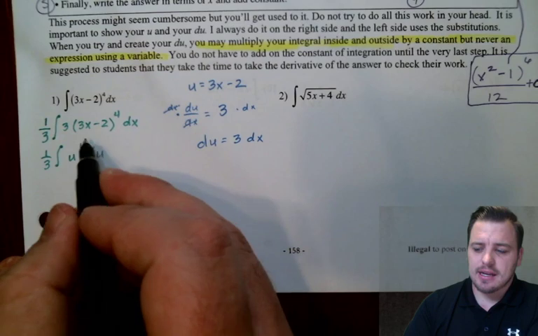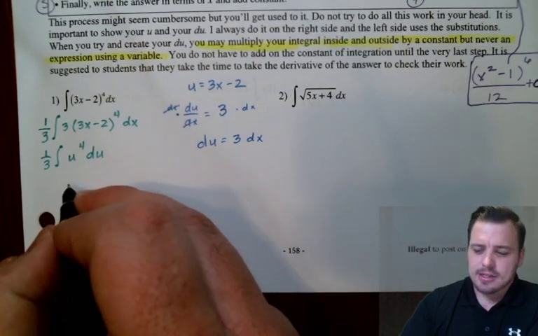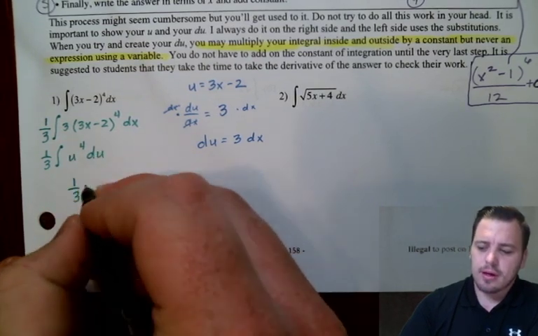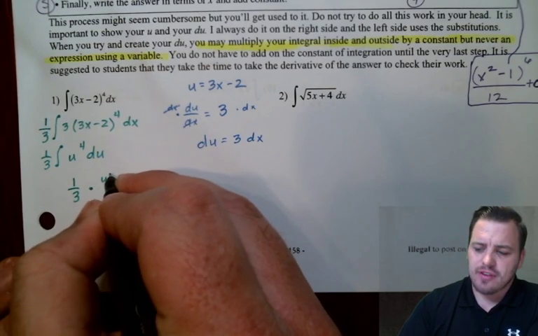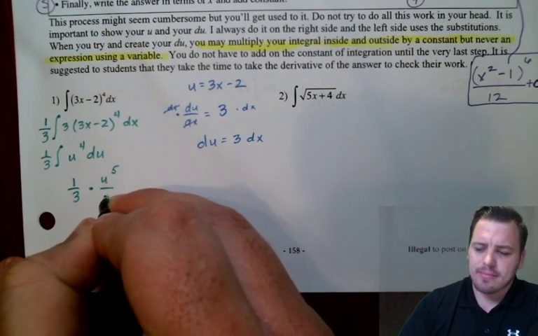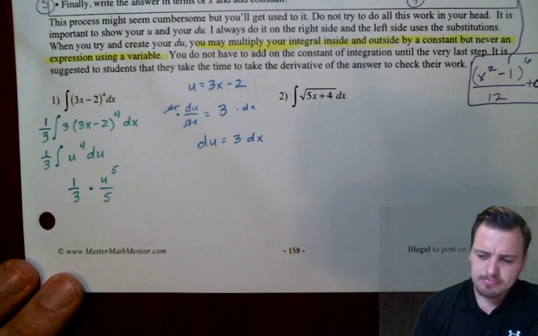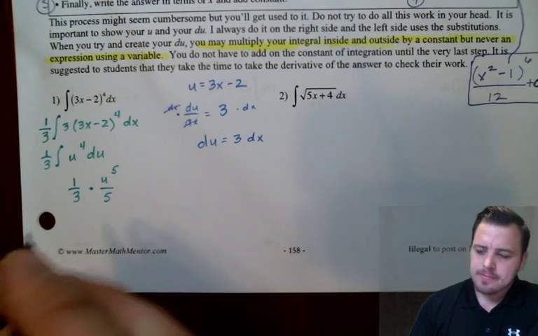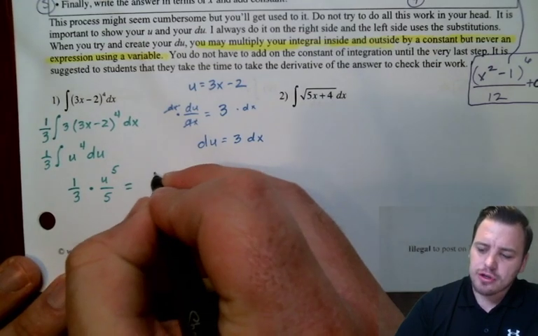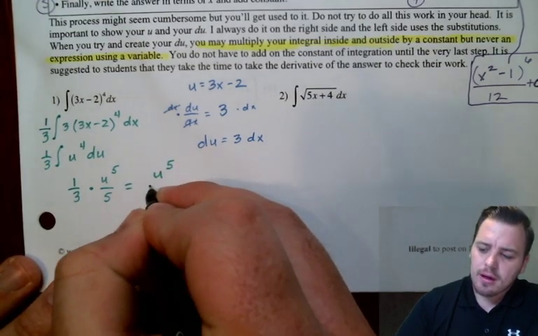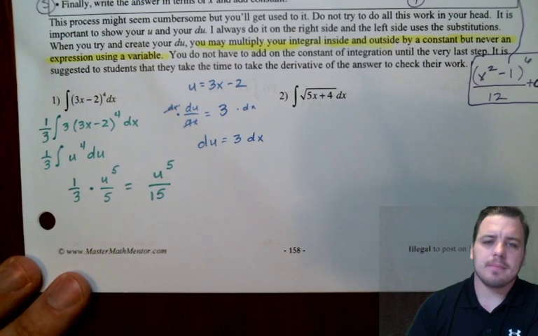So then you just integrate the inside. So that's 1/3 times u to the 5th over 5. That would be equal to u to the 5th over 15.